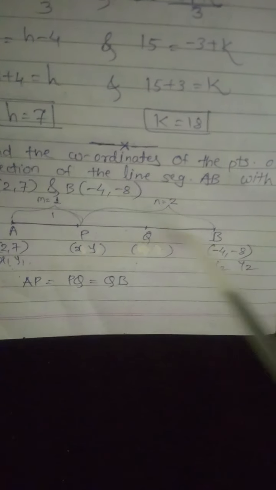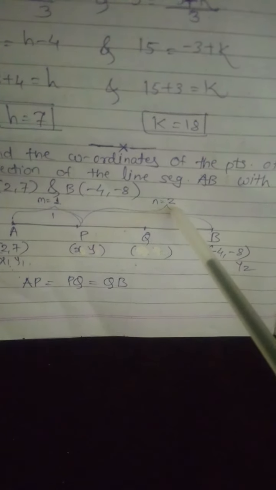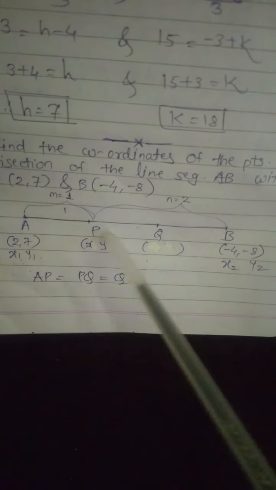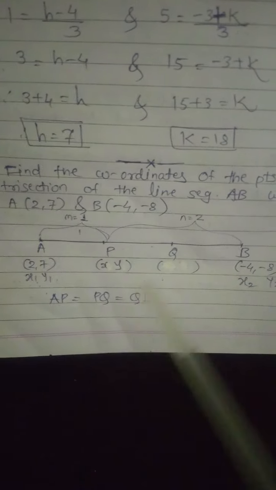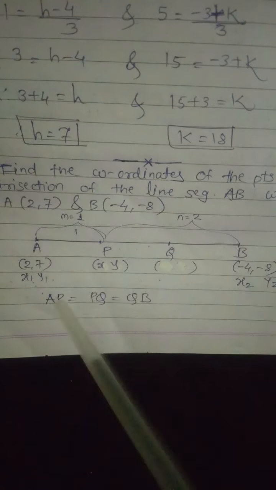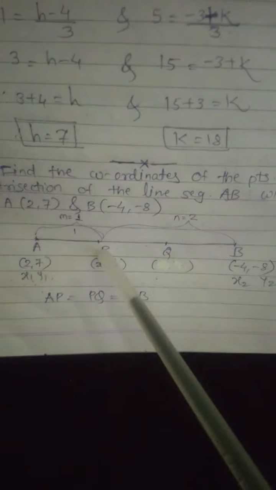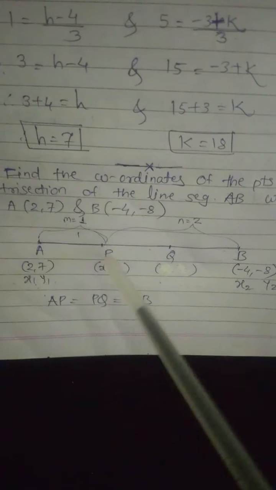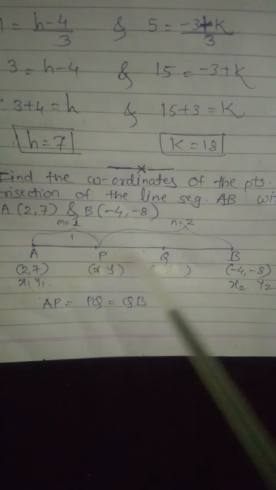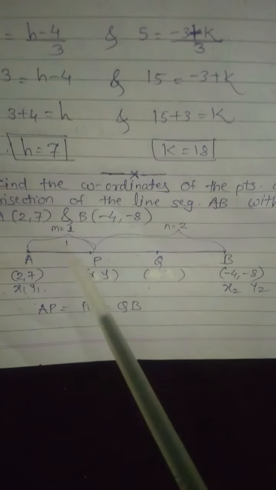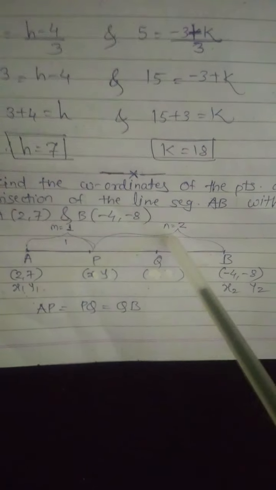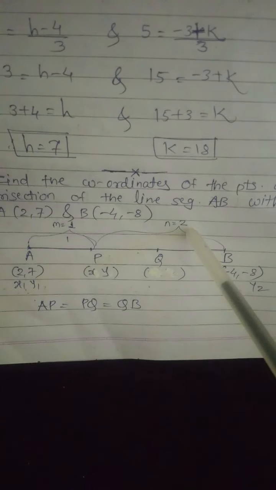PB consists of two equal parts, so I write here 2, and AP consists of one part, so it is 1. So m equals 1 and n equals 2. Again I repeat, AP consists of one part, so it is 1, and PB consists of two equal parts, that is PQ and QB, so n equals 2. So here we get the ratio m:n equals 1:2.